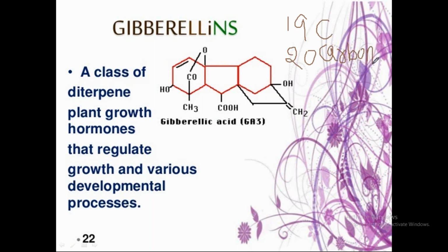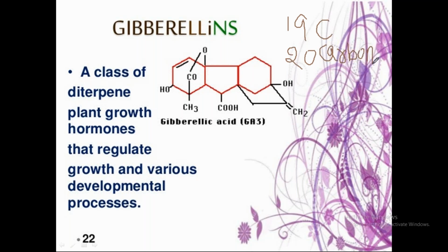Out of these, gibberellin is the most diverse, the largest group of hormones. Mainly two forms are studied: 19 carbon and 20 carbon.